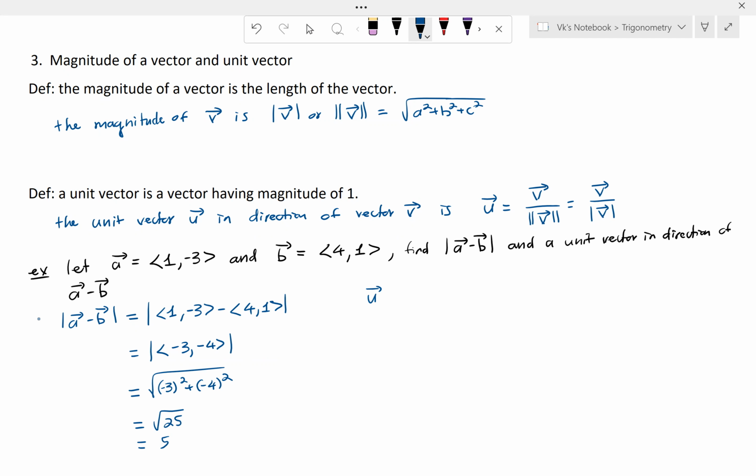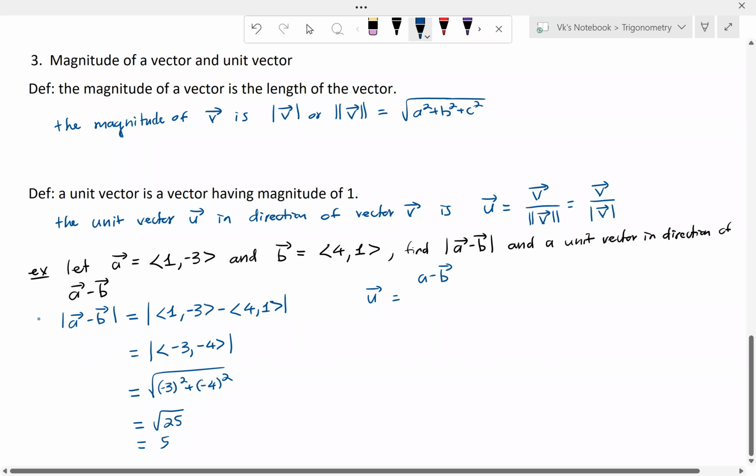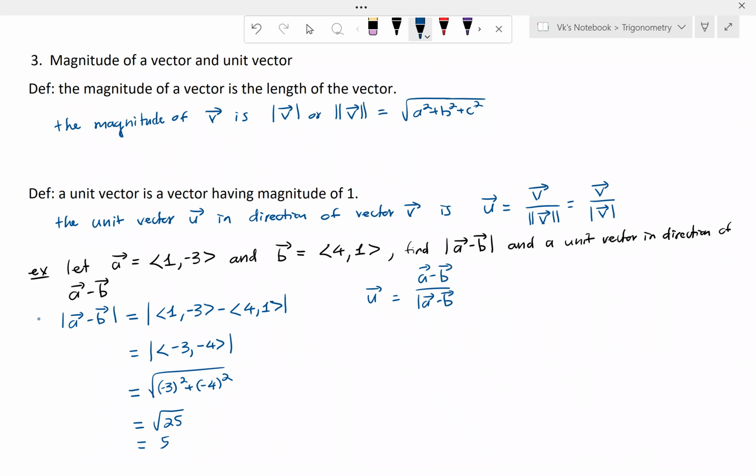A unit vector in the direction of the vector A minus B is the vector A minus B over its magnitude. The vector A minus B is (-3, -4). The magnitude is 5. So this gives us (-3 over 5, -4 over 5). That is the unit vector.